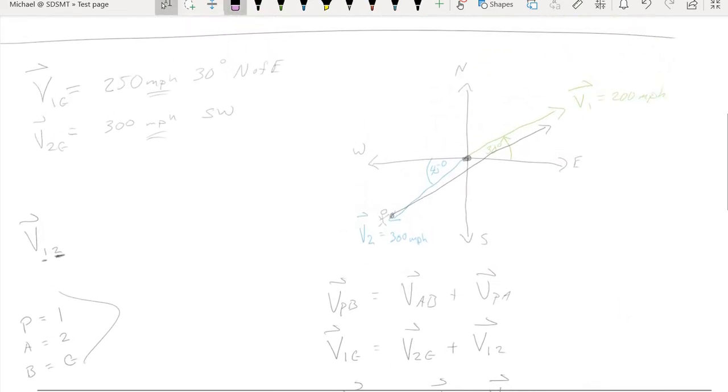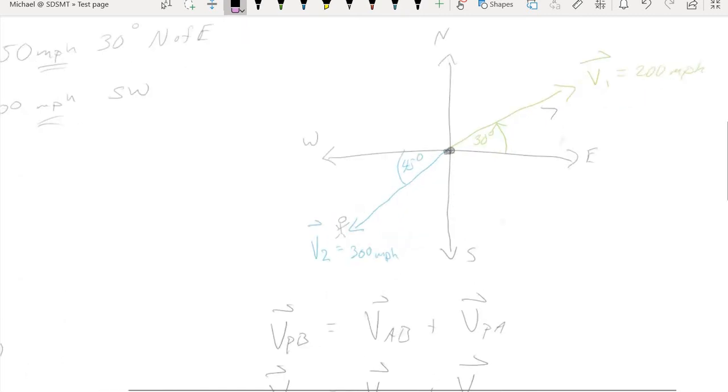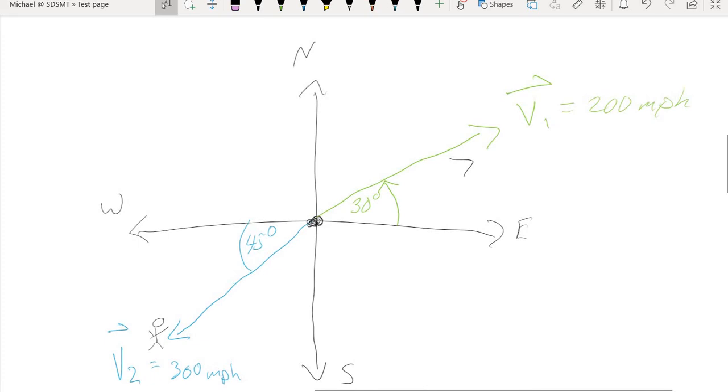And now is where our picture will come in handy. Our velocity of plane 1 with respect to the ground has components in the north and east directions.